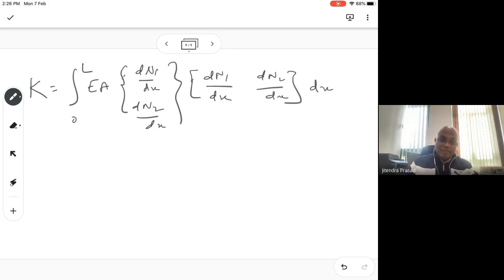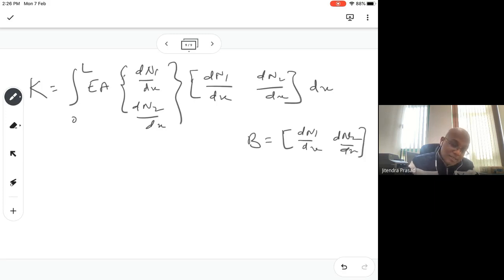This is the K matrix. You can also write it in terms of the B matrix. B matrix is dn1/dx, dn2/dx. So K you can also write as the integral over L of EA, B transpose B dx.